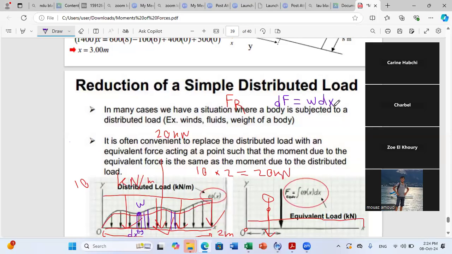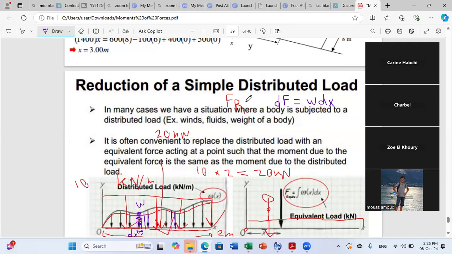Okay, and now I want the total force. How to get the total force? In mathematics, you say I should integrate. You need to get, if you want, the force is equivalent to what here? When you do omega times dx, it's equal to the area of this rectangle. Okay, so to get the total force, it's like calculating the total area under the curve. And you know, mathematically, the total area under the curve is calculated by integration.